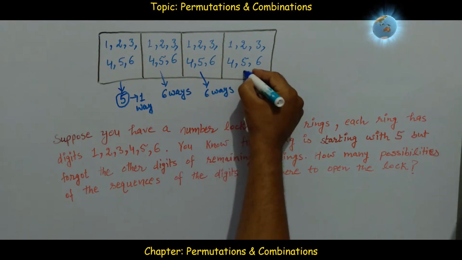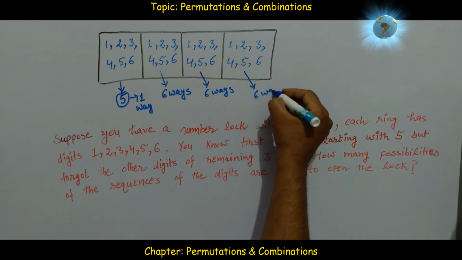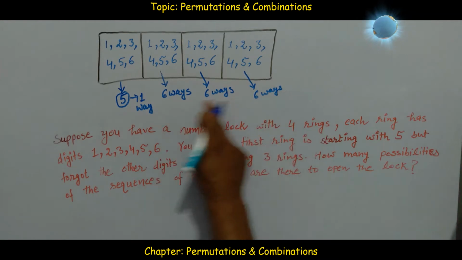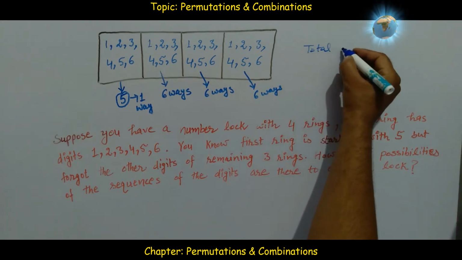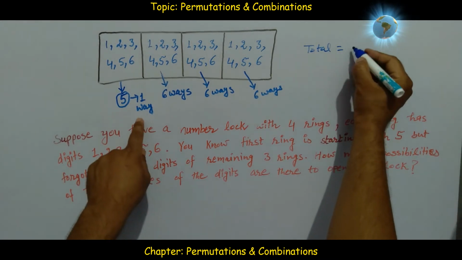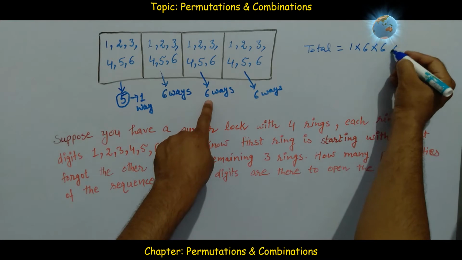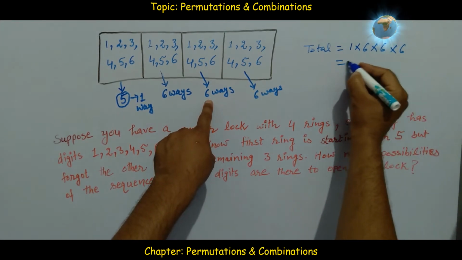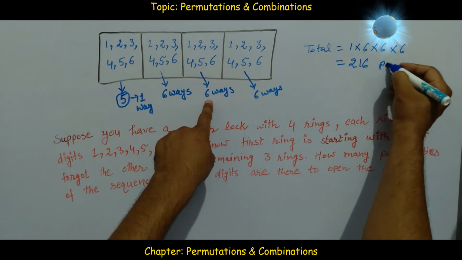Again, the third ring, 6 ways. So total possibilities equal 1 way into 6 ways into 6 ways into 6 ways, 216 possibilities.